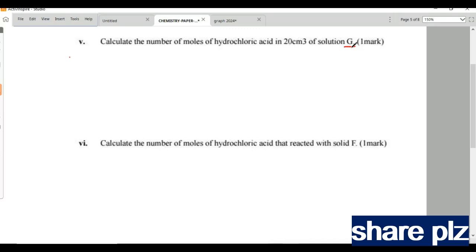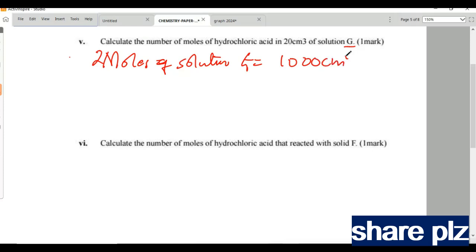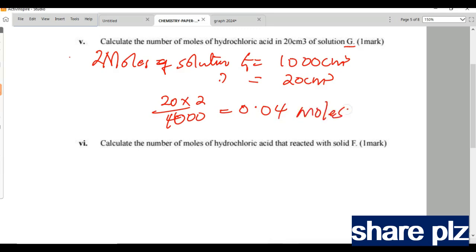So 2 capital M means 2 moles of solution G in 1,000 cm³. We used 20 cm³, so it is 20 times 2 divided by 1,000. So the moles in 20 cm³ will be 0.04 moles. That is the moles in 20 cm³ of solution G.